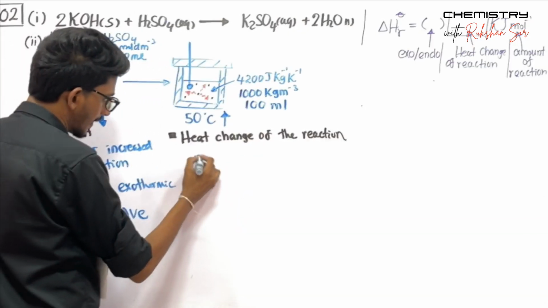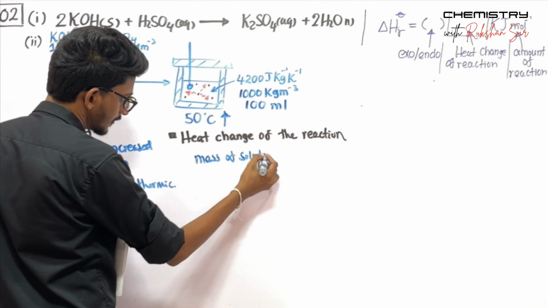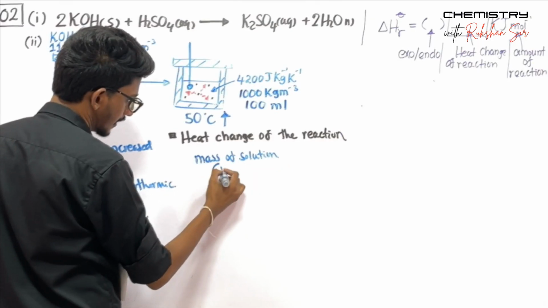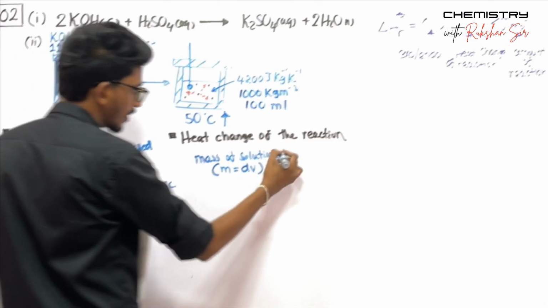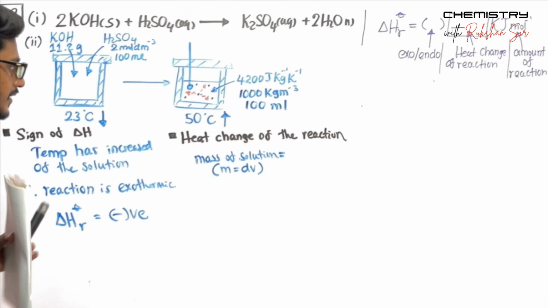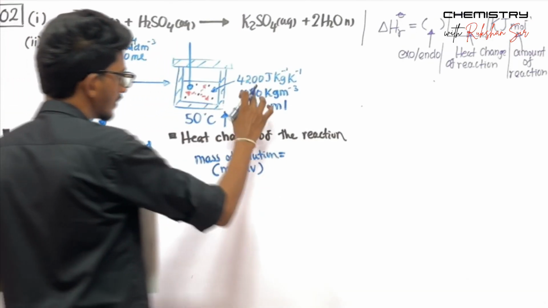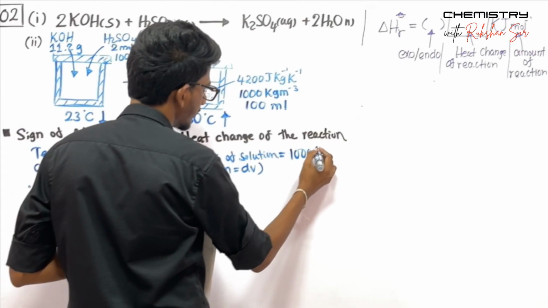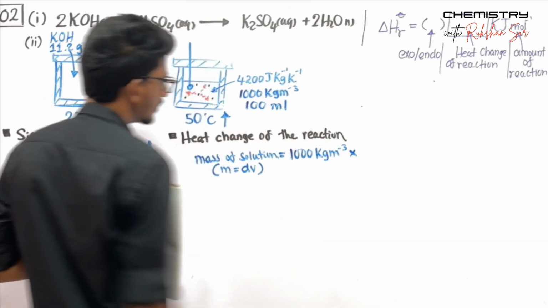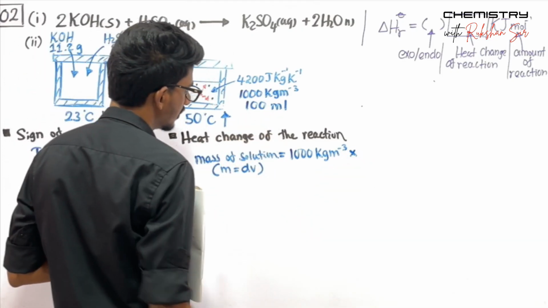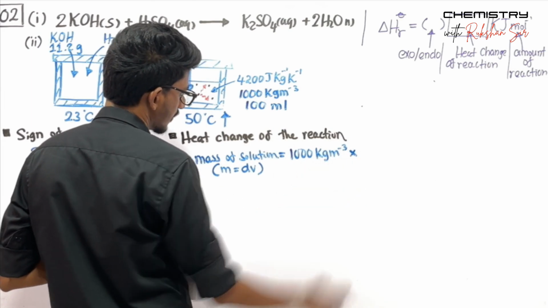So the mass of solution can be taken by m equals dv. The mass of solution is density times volume. Density is 1000 kilograms per meter cubed, times volume. The volume is 100 milliliters, so it should be applied in cubic meters to cancel off the units, right?